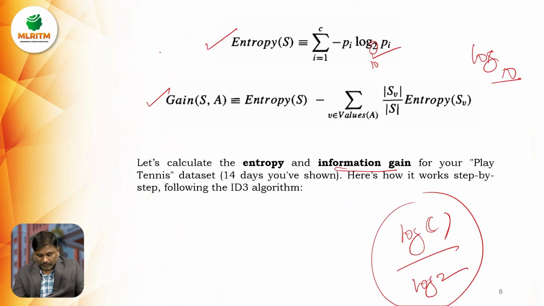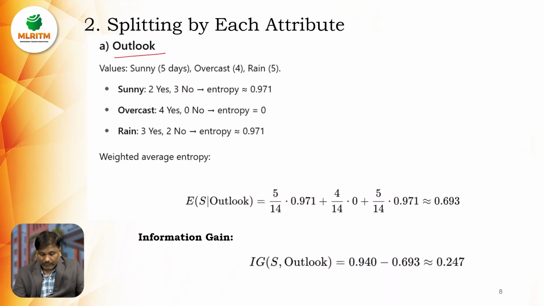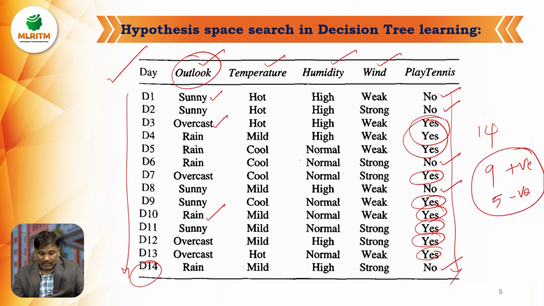Now in that outlook condition, if you clearly observe, we have three different instances. One is sunny, second one is overcast, and third one is rain. These three are the different instances in the outlook attribute. So how many sunnies do I have in the data set?